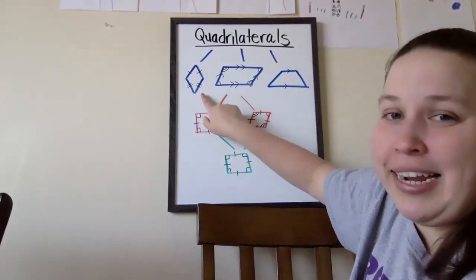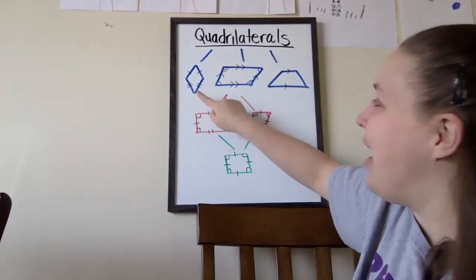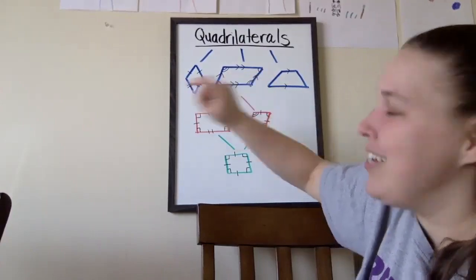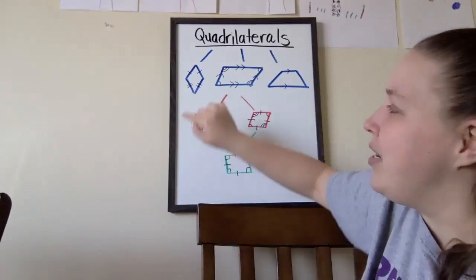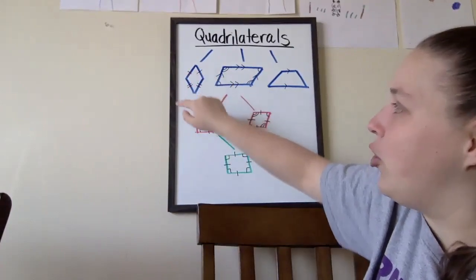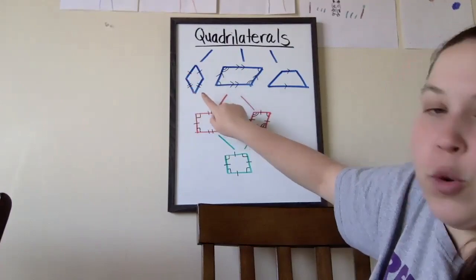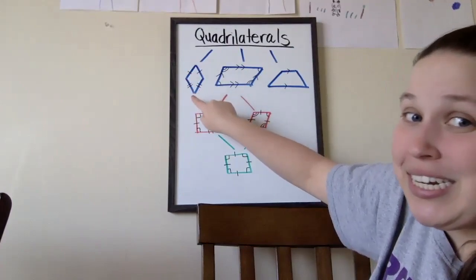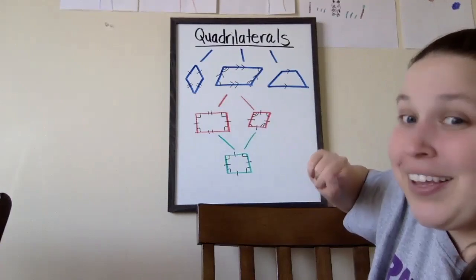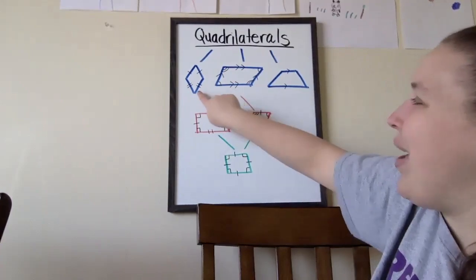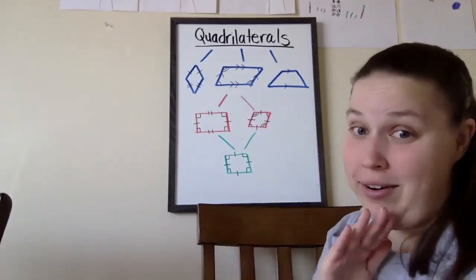So with the kite, we know that adjacent sides are congruent. Okay? And what do you notice that this does not have that these other 2 shapes have? Parallel sides. So a kite has no parallel sides.